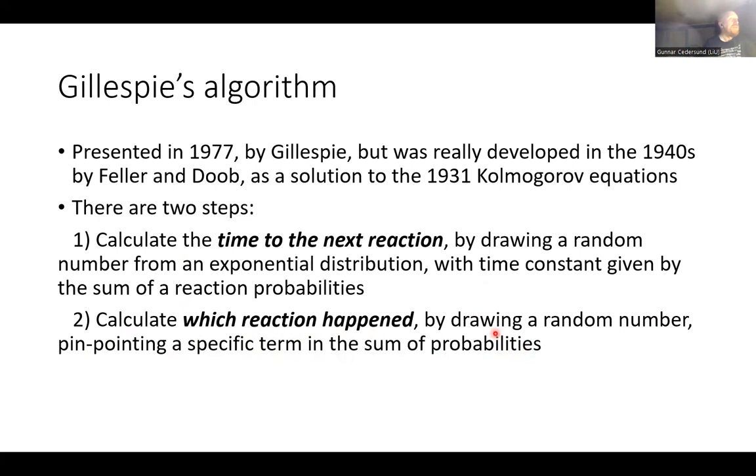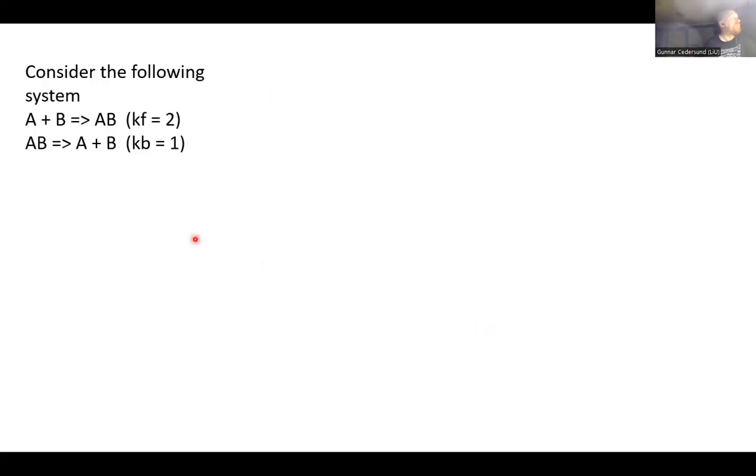So let's have a quick look at the basic principles of this, and then what the simulation can look like, so you get a little bit of a feeling for this. Here we have a very, very small system. A plus B gives the complex AB, and we have the dissociation of AB into the constituent parts A plus B. So we have a rate constant kf and a rate constant kb.